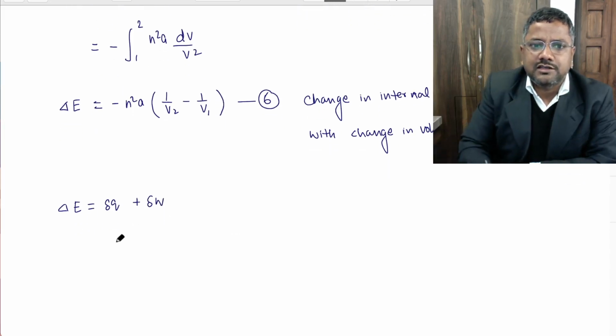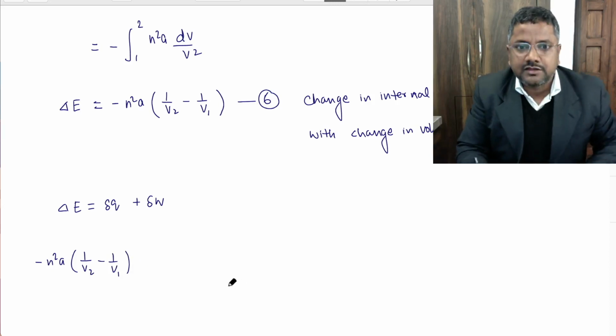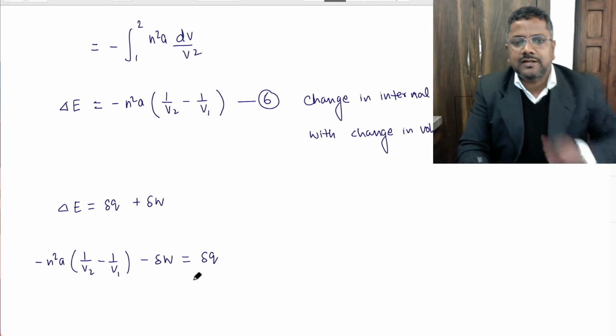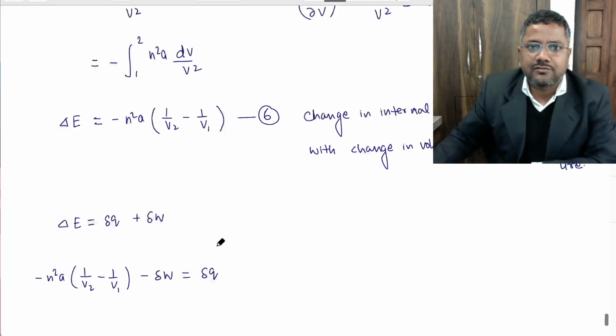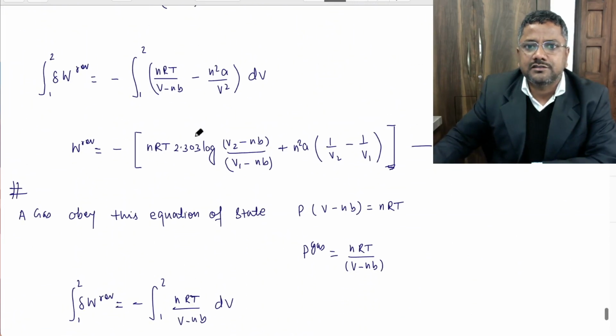So delta E is equal to minus n square a (1 by V2 minus 1 by V1), or we can write here minus delta W is equal to delta Q, right? Now put the value of W here. We have already calculated this equation.